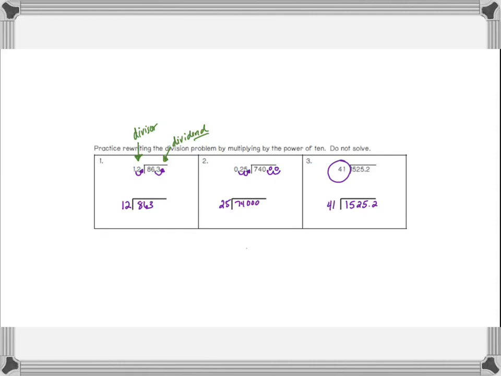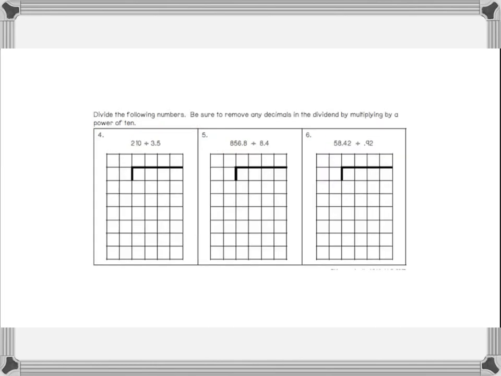Now that we know how to move that decimal point, let's go ahead and solve a few problems together. So here I have 210 divided by 3.5. 210 is my dividend and 3.5 is my divisor. So 210 goes inside the division bracket, 3.5 goes outside.